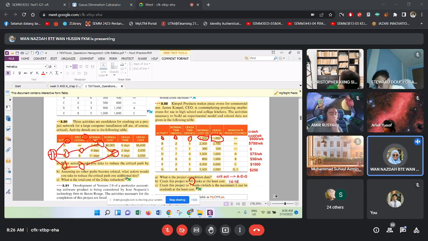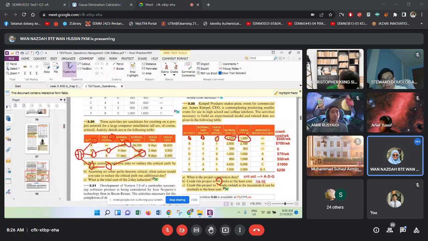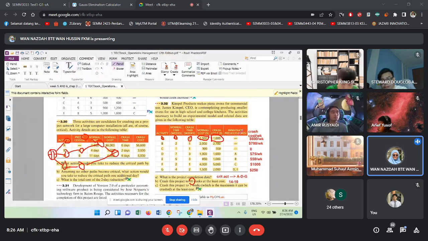Rule number two: if you're looking at the critical activities, which are A, D, and G, always select the cheapest crashing cost.